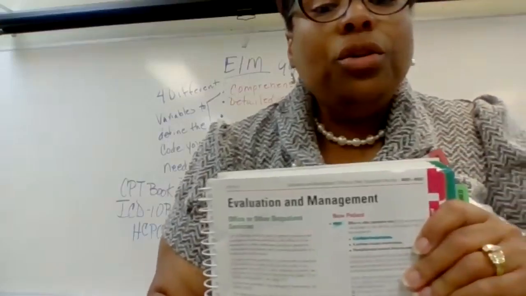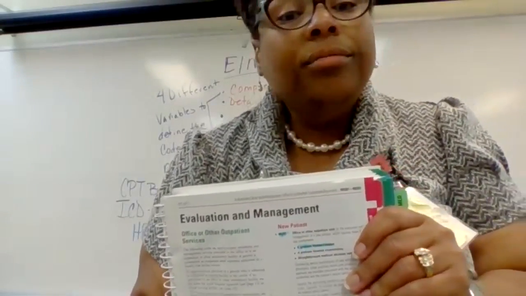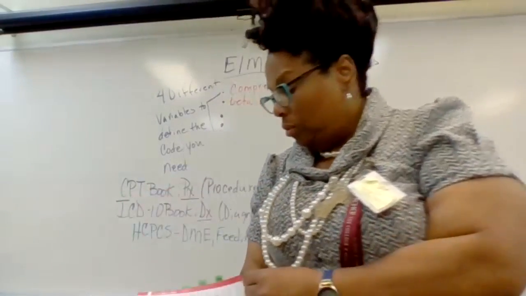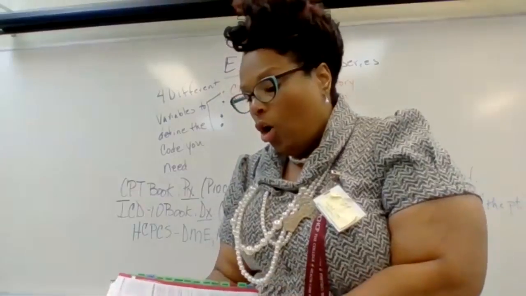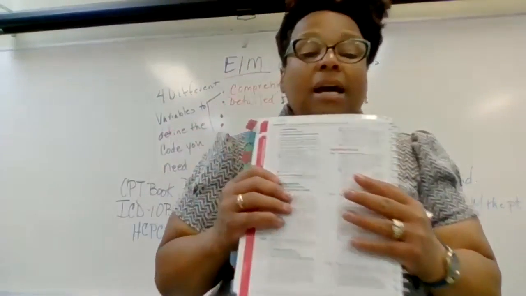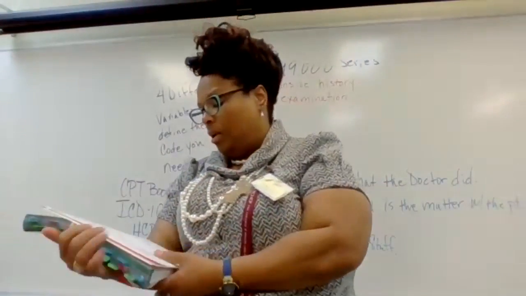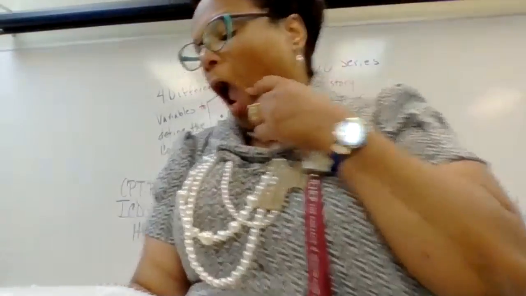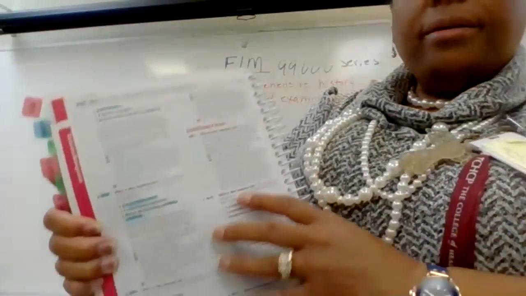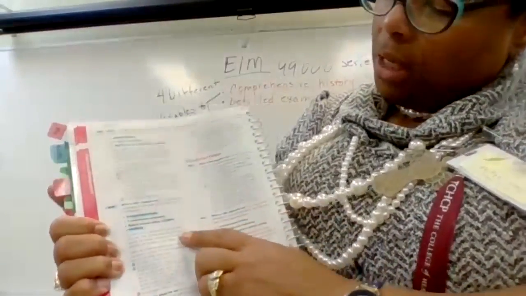We're not going to look in the new patient area. No. We're going to start looking in the established patient area. Do you see that? Established patient. Okay. Now, look at this. Right here. Hope you can see that.